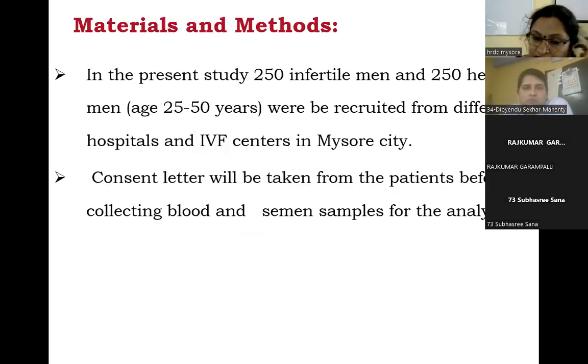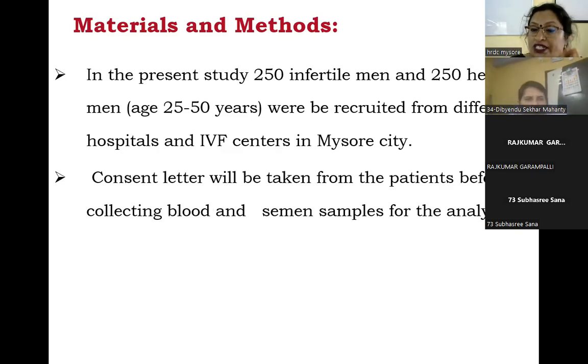Generally, for any human genetic study, we have to recruit a huge number of samples and an equal number of controls, normal individuals, and an equal number of abnormal. Any disease, it could be infertility or diabetes or a cardiovascular problem, but the same number of normal individuals also, because it's a case control data set. In the present study, I took a piece of work from the PhD of Dr. Srinivas, where 250 infertile men and 250 healthy men were recruited from different hospitals and IVF centers in Mysore city.